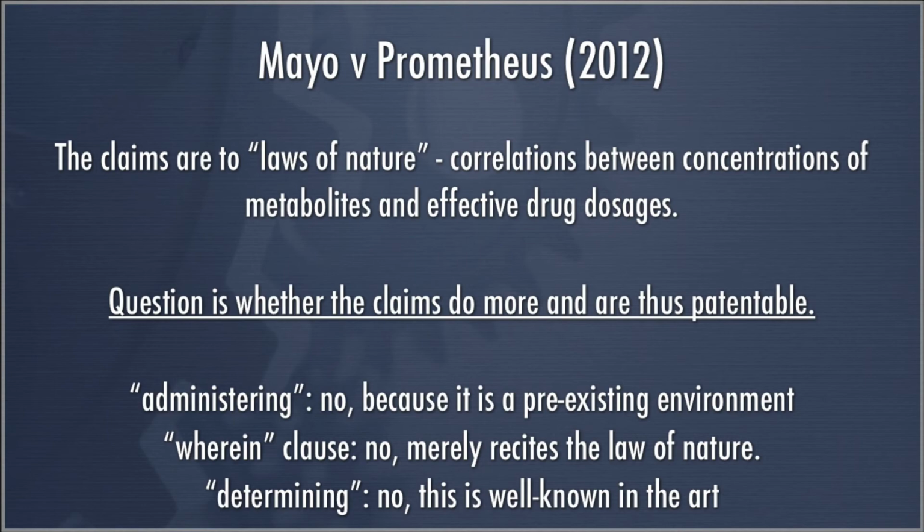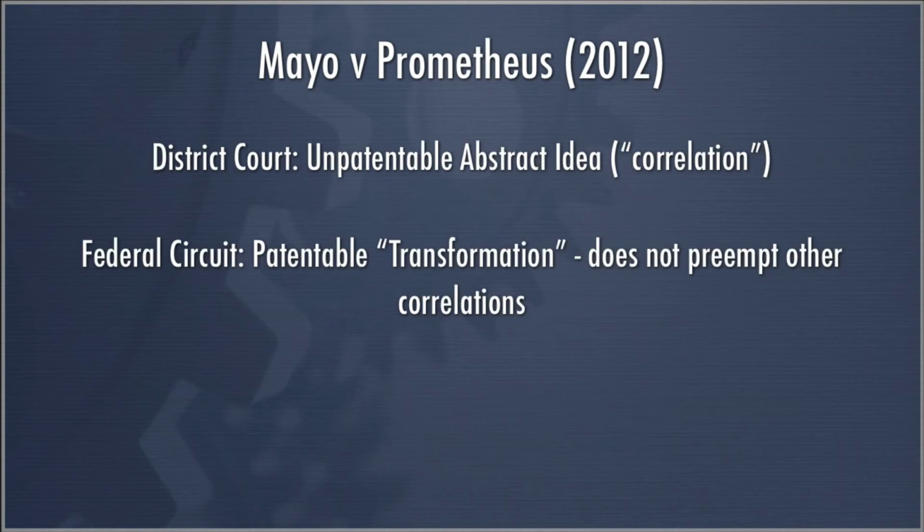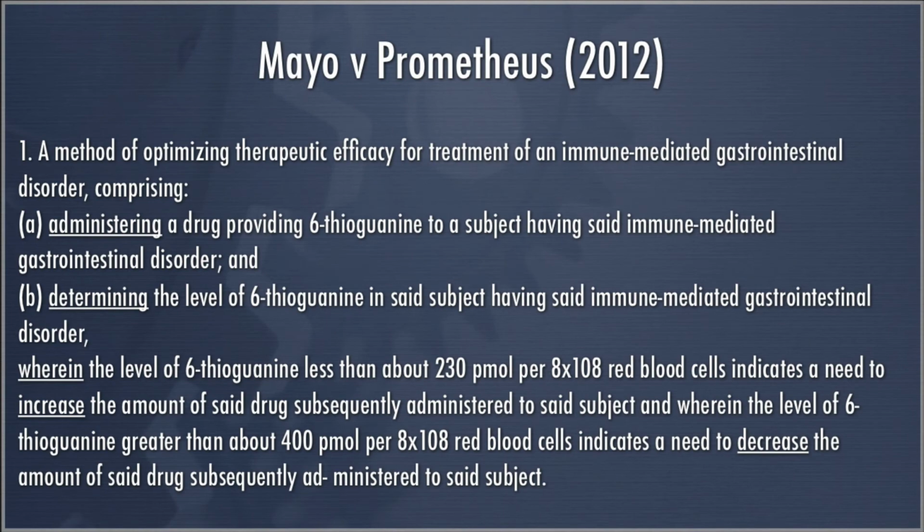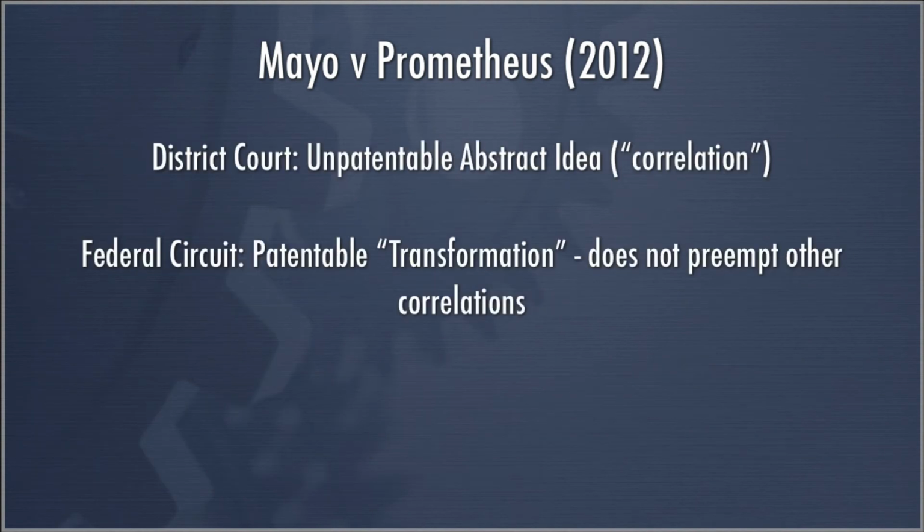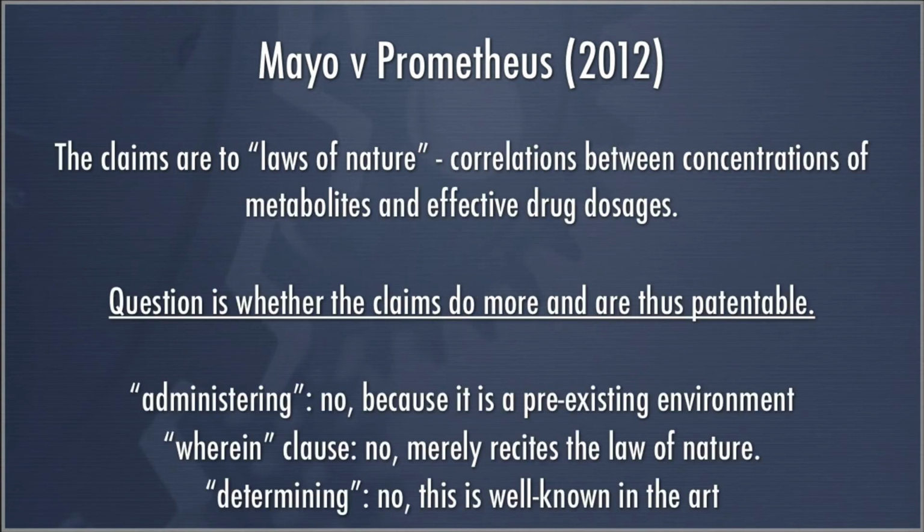So what the Supreme Court focuses on is that the key element of this claim, the wherein clause, really is just a correlation, a natural law, between the amount of drug in the body and its safety and efficacy. And yet there are these other steps. So the court says the real question is whether these additional steps can convert this unpatentable claim into a patentable claim.